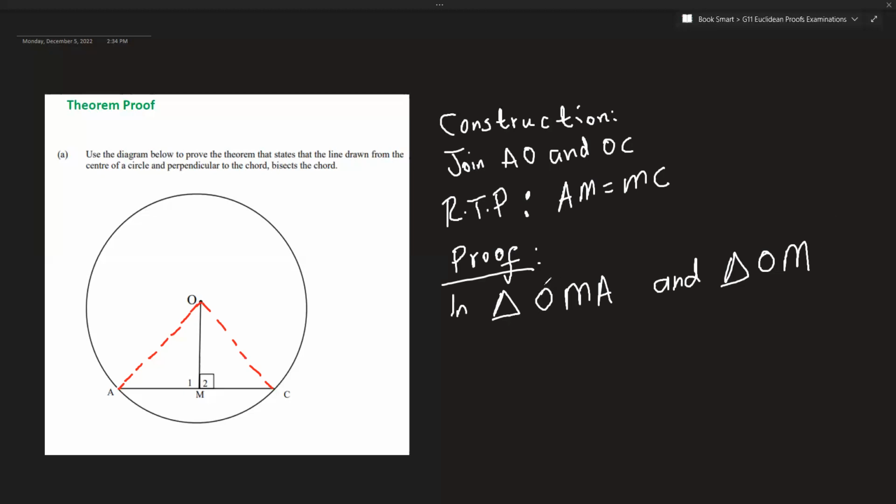The order is very important. For example, here I can't say OCM or MCO, because I can see that AO must go with OC because they're equal, these two lines. Do you see it? So AO and OC are aligned. So the sides that you see that they're equal must be aligned.